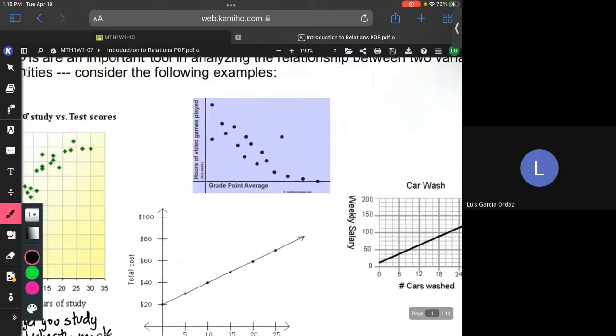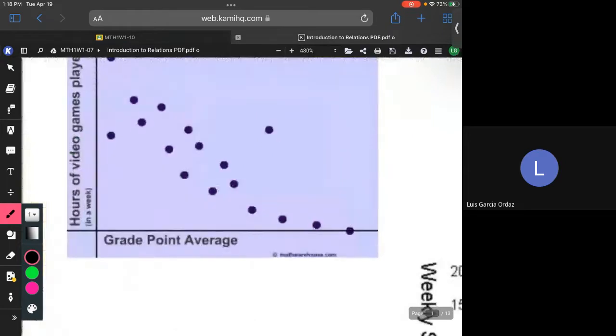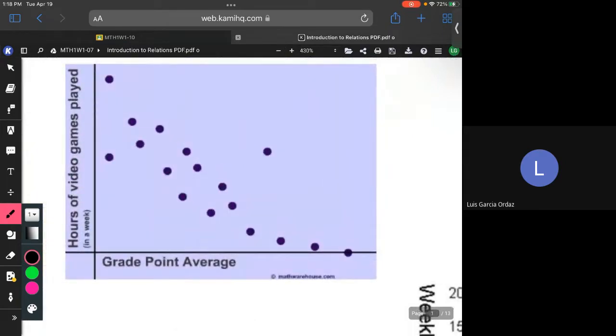So how about this one over here? We have our grade point average versus the hours of video games played. What can we conclude about that? It's a negative correlation, that's fine.